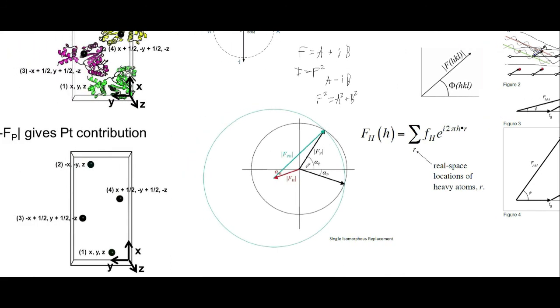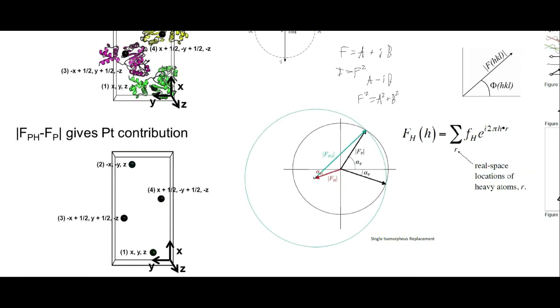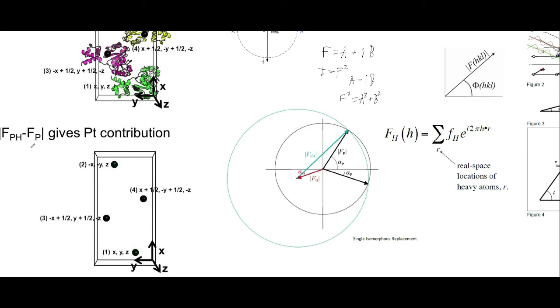So this is without the heavy atoms. Then with the heavy atoms is the circle made. So this is the origin right here, and then we just make a circle like that with the heavy atoms. I think PH is protein plus heavy atoms and then protein.